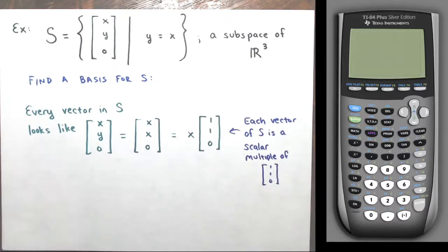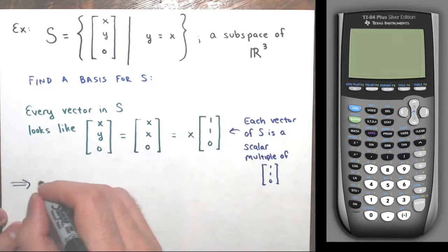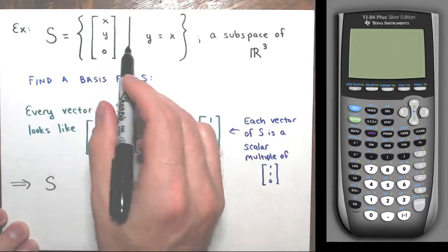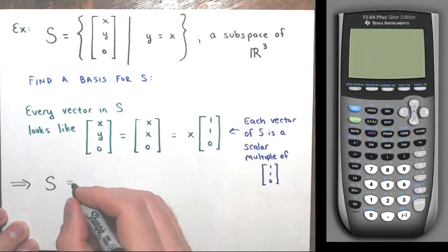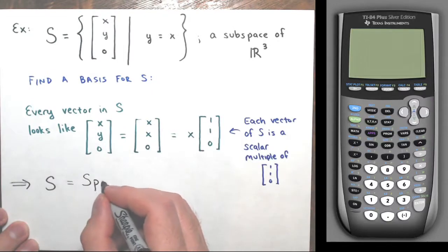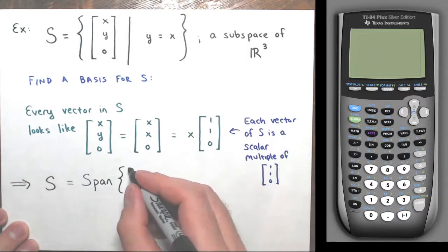So another way of saying that is that S, this vector space, this subspace of R3 called S here, is equal to the span of the set with just the vector 1, 1, 0 in it.